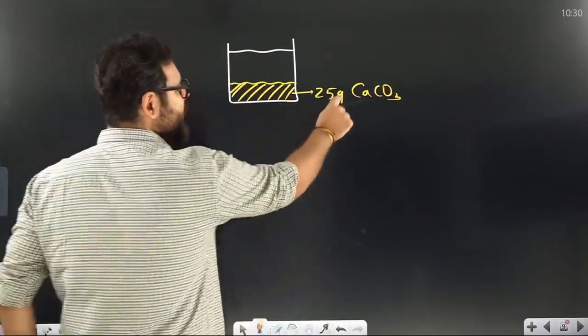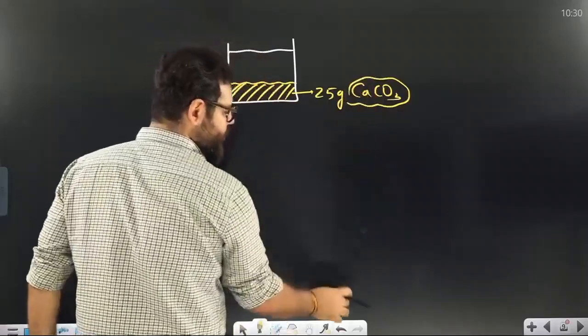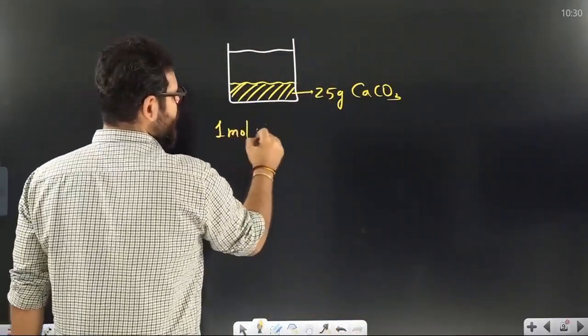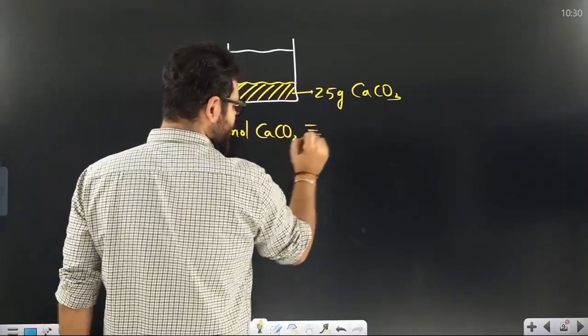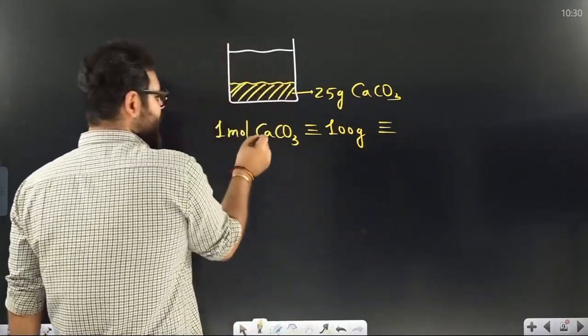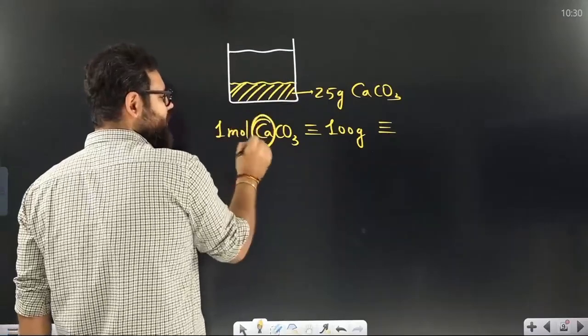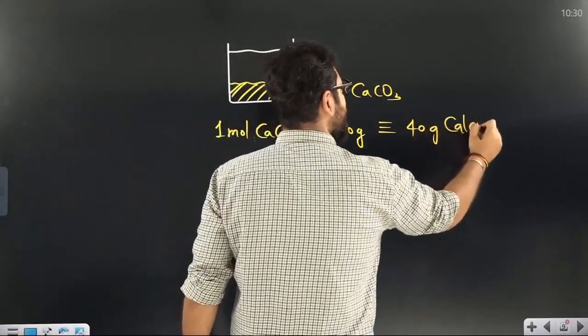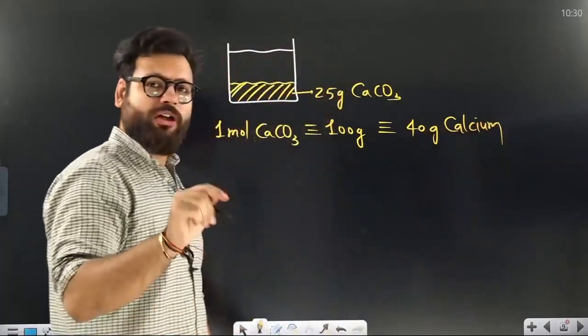So we'll write the mole data of this. Okay, what was the mole concept? Mole Brahmastra, everybody. 1 mole CaCO3 means 100 gram mass, and it contains 1 mole calcium. 1 mole calcium means it contains 40 gram calcium.